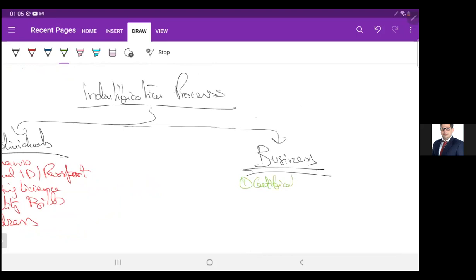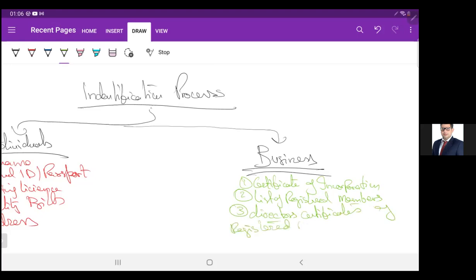Certificate of incorporation, list of registered members, director's certificate of registered address, okay.